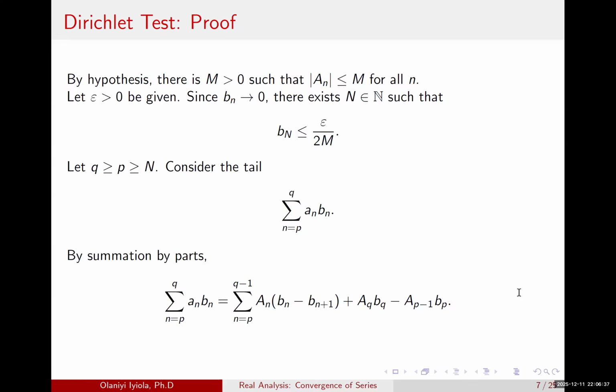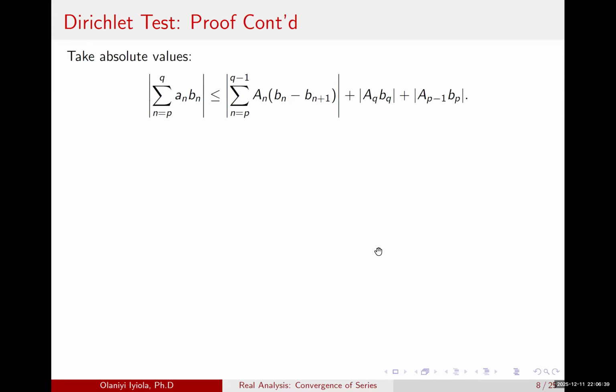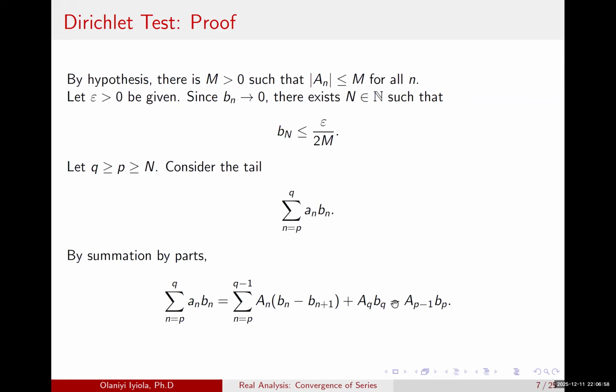And if that is the case, then if I take the absolute value of both sides and use the triangle inequality, I'm going to have less than or equal to the absolute value of the first term plus the absolute value of the second term plus the absolute value of the third term. So I'll take the absolute value of each piece.